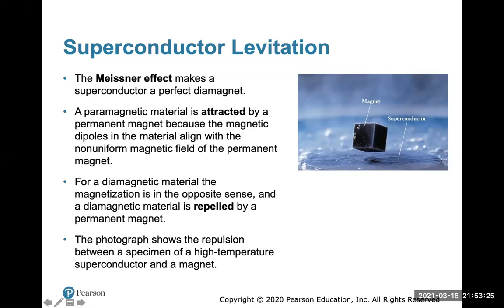The Meissner effect makes a superconductor a perfect diamagnet. It will repel other magnets, all the time, every time, because the magnetic field inside of it is zero, according to the Meissner effect. And so we get this superconductive levitation.